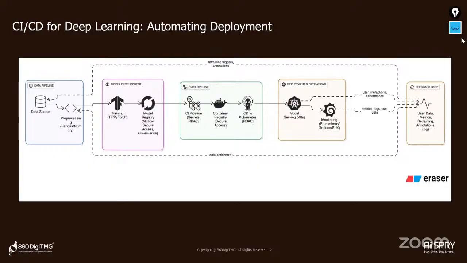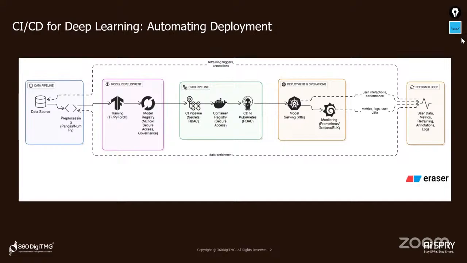This container image is then pushed into the container registry for secure storage, using role-based access control, RBAC. RBAC will only authorize the users and systems that can access and deploy container images.